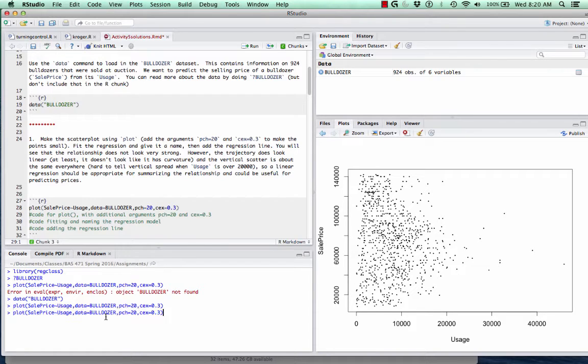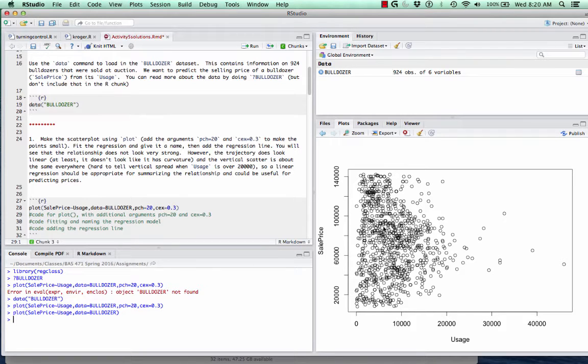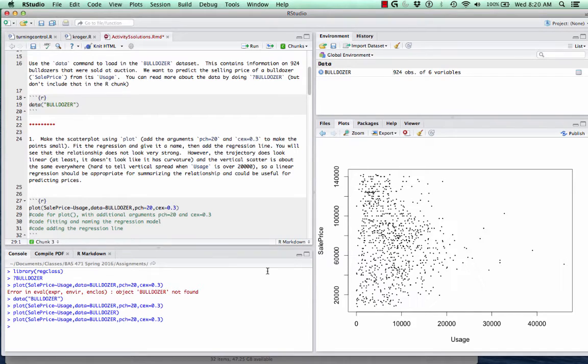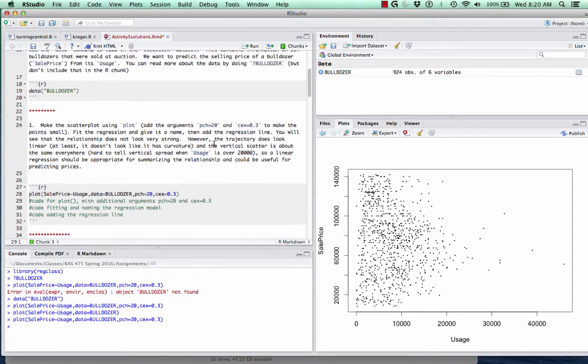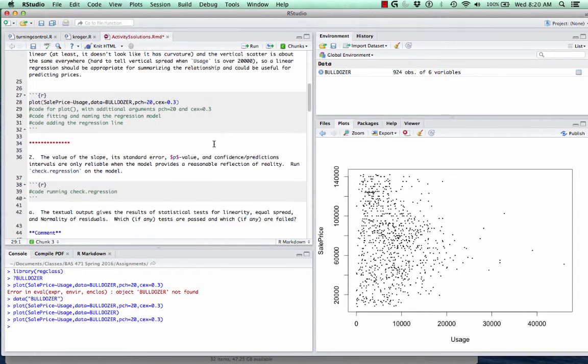And just, by the way, if we didn't have those two arguments, this is what the plot would have looked like. Kind of messy, too many points to really see. That's why I said, add in those two extra arguments. PCH makes the points filled circles instead of open circles, and CEX makes the points smaller than they normally are. So any number less than 1 makes them smaller.